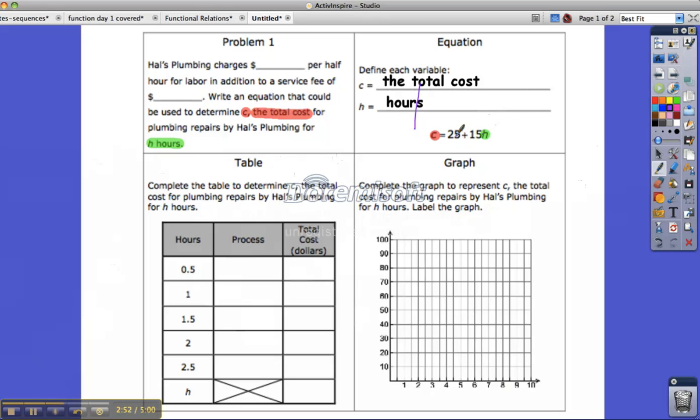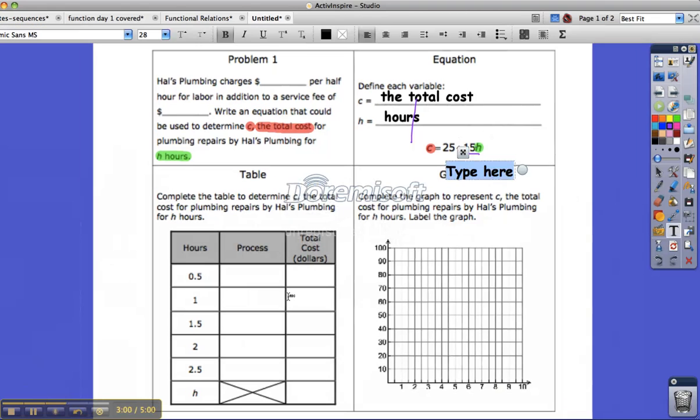Okay, so this 15 then is our, what? What do we call that? What we multiply the variable by? This is our rate of change for this situation. So 15 is the rate of change. If 15 is our rate of change, that means the cost per hour. That's why we're multiplying times the number of hours.